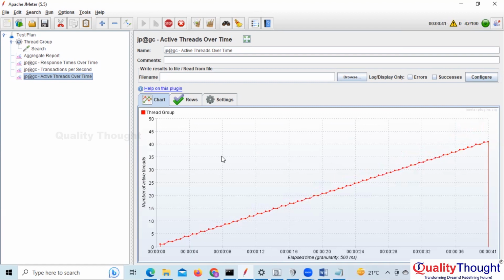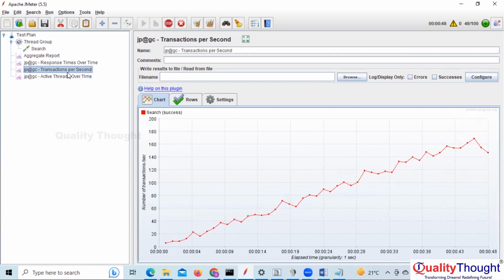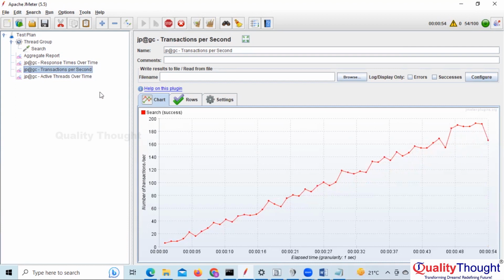We are at 45 to 50 users right now, and see how the throughput is increasing. Previously it was only 70, now it is reaching 200, right?